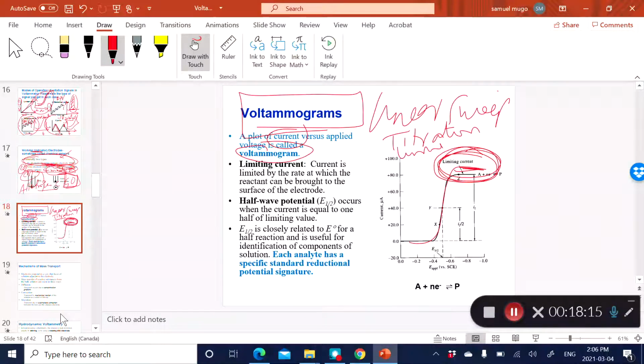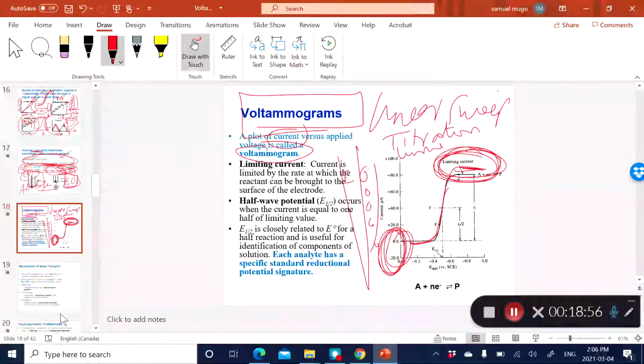meaning you no longer have any analyte that is touching the electrode, because it's already been oxidized or it has been reduced. So that is a limiting current, meaning it's plateauing off because you no longer have any analyte touching the electrode surface. Of course, you can see initially when you're starting the voltage run, there's no current because there's nothing being oxidized. And as you increase the voltage, you get oxidation happening, and so the current keeps increasing.